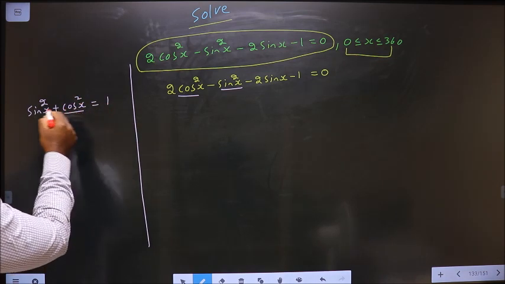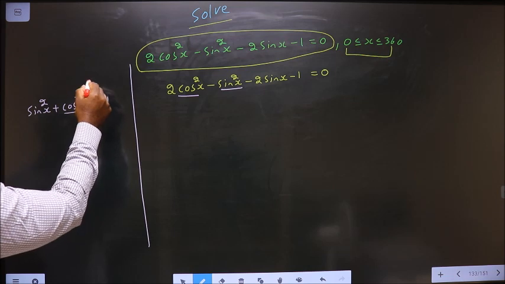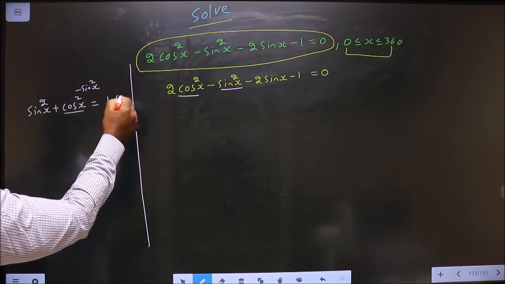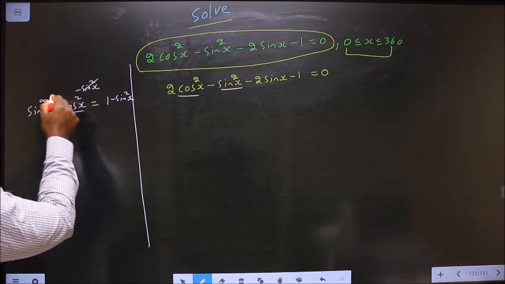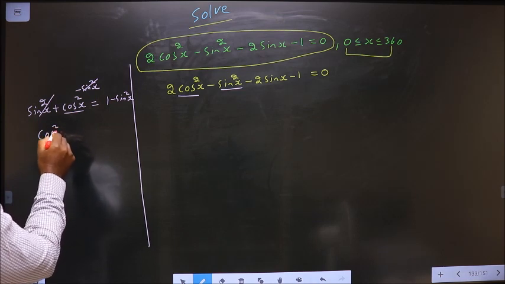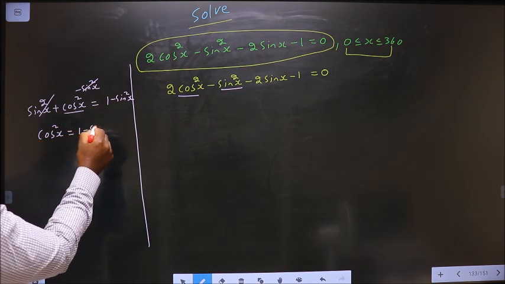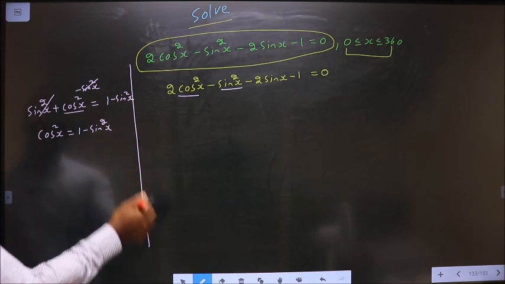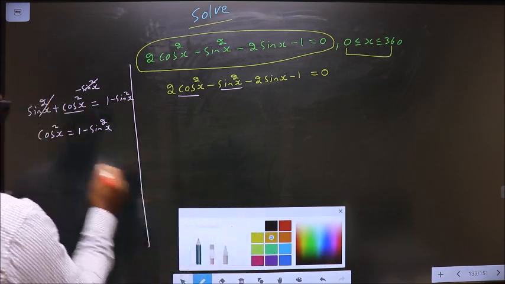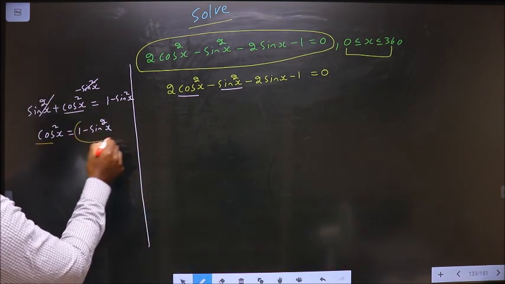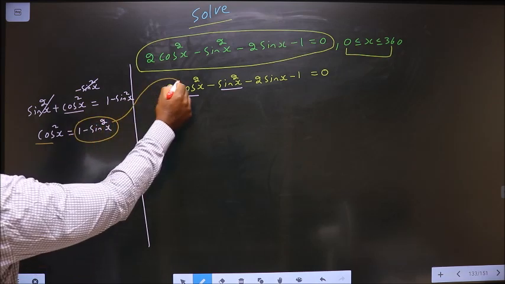You want cos square, so to remove sin square you subtract sin square x on both sides. So I get cos square x equal to 1 minus sin square x. So now in place of cos square x, I replace this over here.